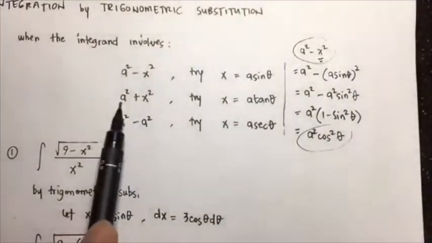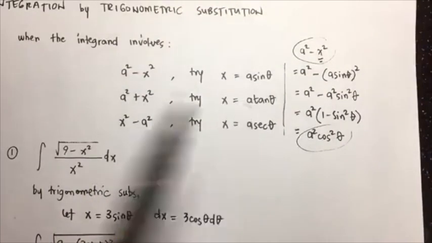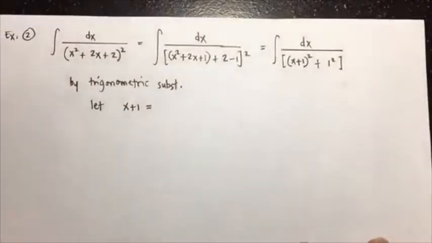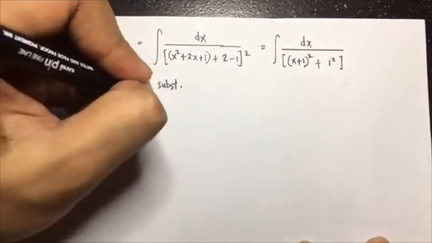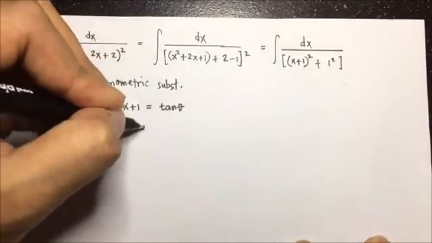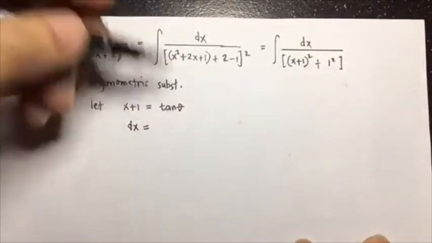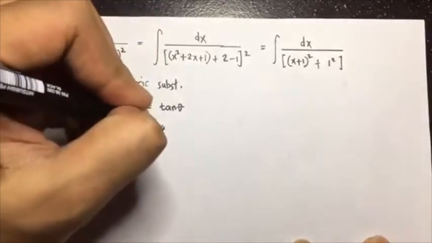If our term involves x squared plus a squared, or a squared plus x squared, we will use tangent. So x plus 1 is equal to tangent theta. With that, our dx will also become the differential of tangent, which is secant squared.